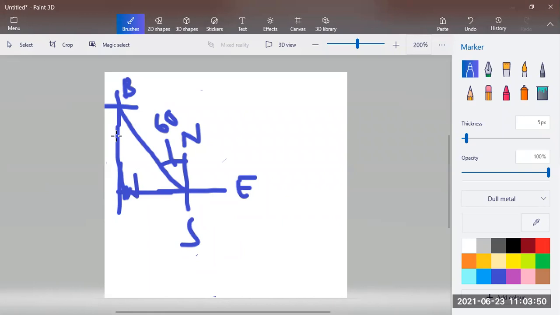Now, this shape looks like something that you know. This is a triangle, and when these lines meet, the angle they form is 90 degrees. So this is a right triangle. And from our lesson on trigonometry, you should be able to go ahead and find the missing side. So I can put X over here.